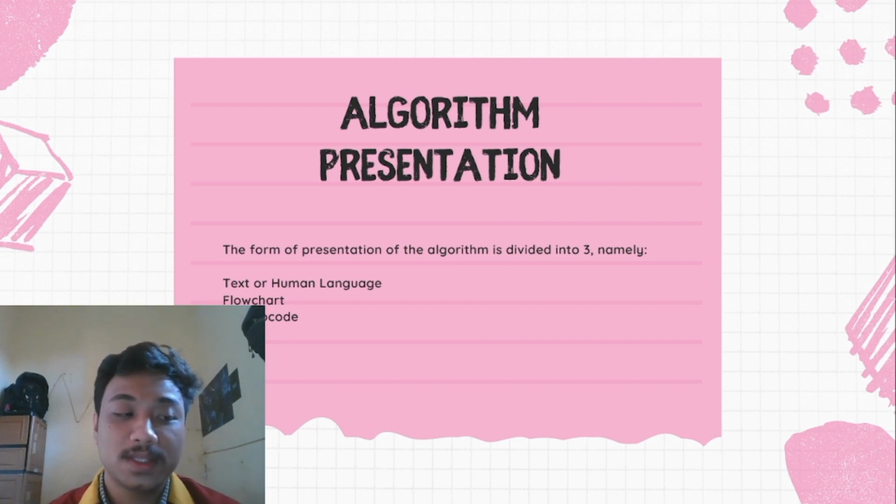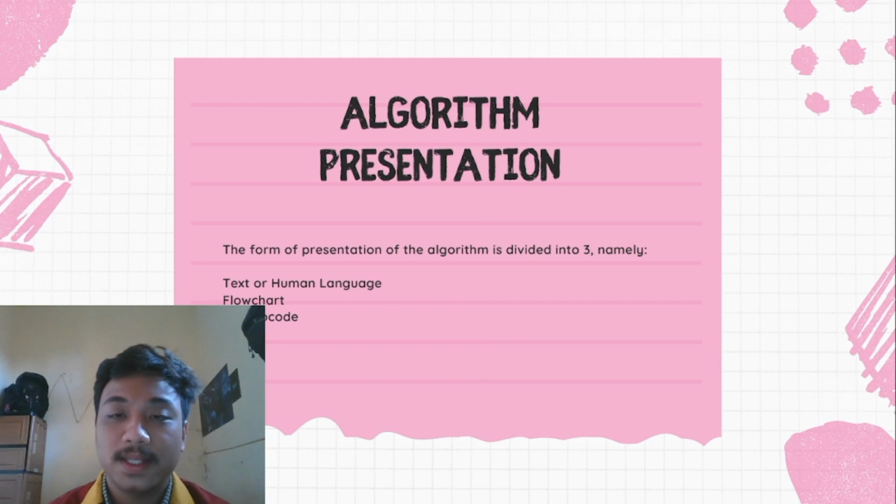Two, flowchart. A flowchart is a visual tool used to represent an algorithm or process in the form of a diagram. Flowcharts allow someone to understand the workflow of a system or procedure more clearly.